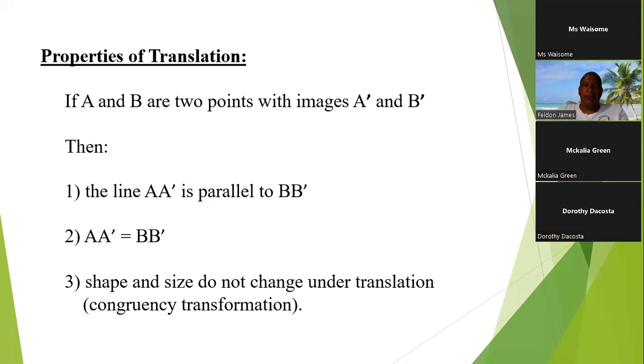So some properties of translation now. If A and B are two points with images A dash, B dash, then the line from A to A dash is parallel to the line from B to B dash. Remember earlier on when we looked at the shape that we presented on the slide.